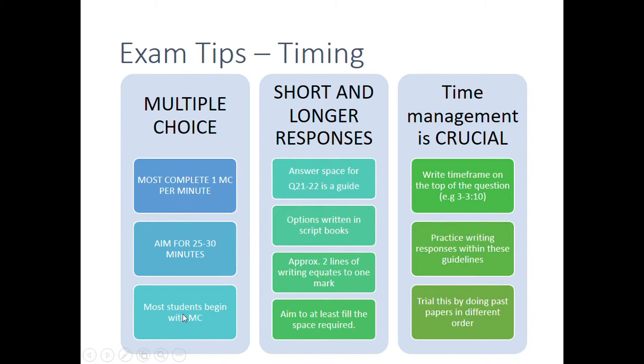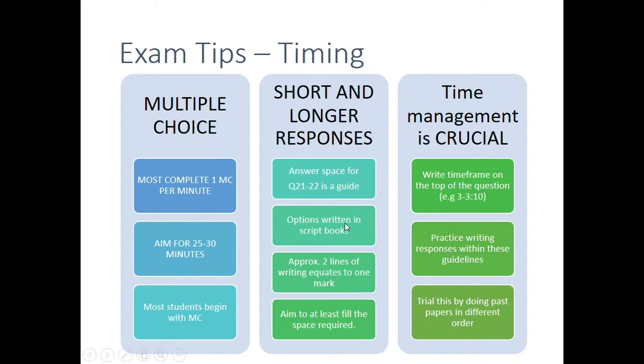Majority of students do start with multiple choice, but as I said before, it is entirely up to you what you want to do. The short responses, so your 3 through to 8 mark questions, as we said, there is a guide, and you can write a band 6 response in that area. However, if you use another booklet, that's fine. Just make it very clear to the marker that you have in fact used another book.